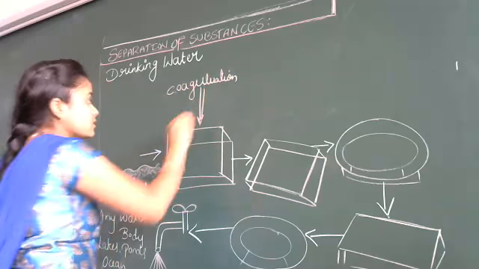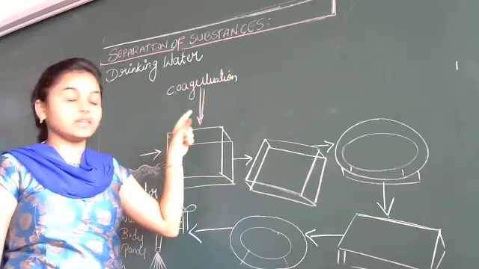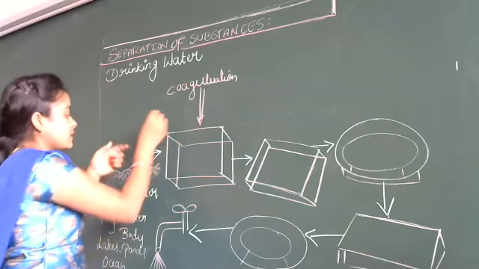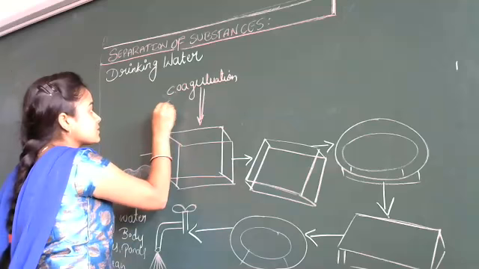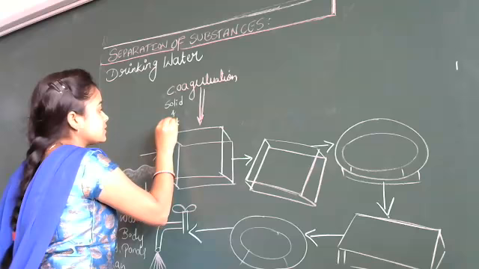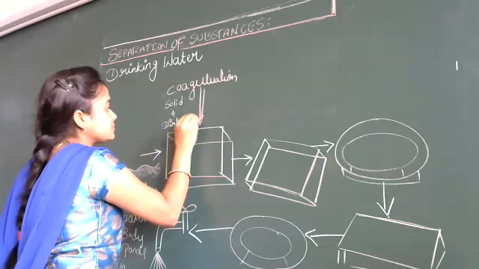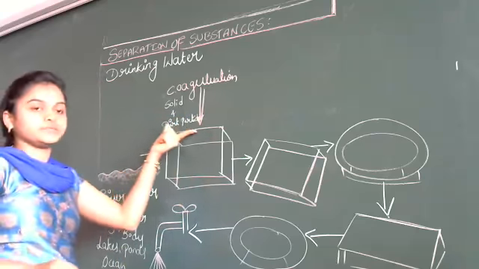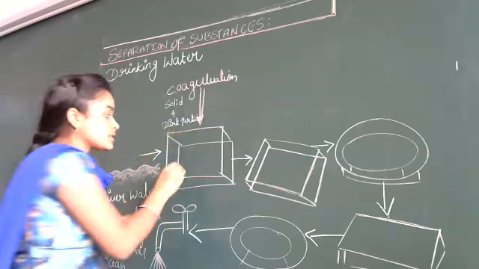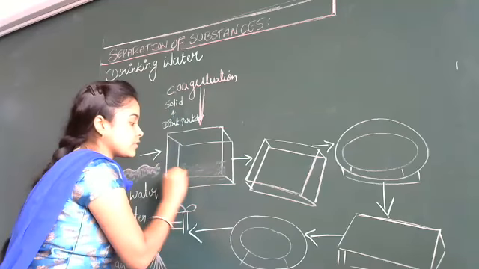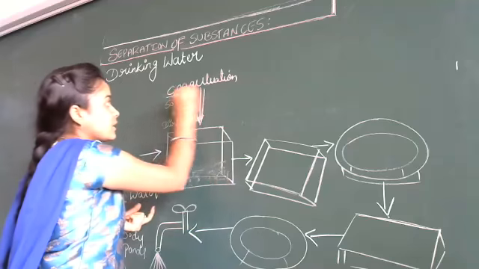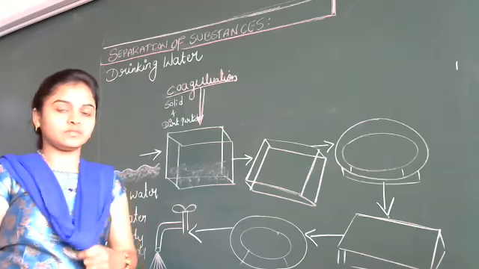Here in coagulation, the first step is that the dirt particles and solid particles are removed. The process of removal of solid and dirt particles from the water collected in the container, that process we call coagulation, right?